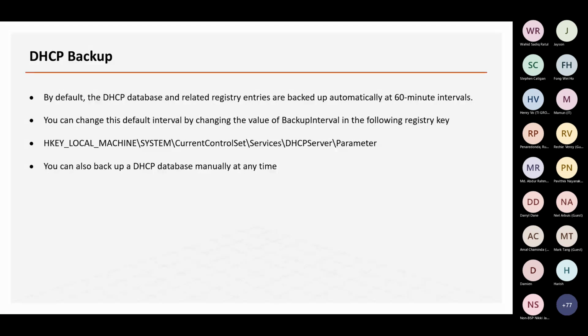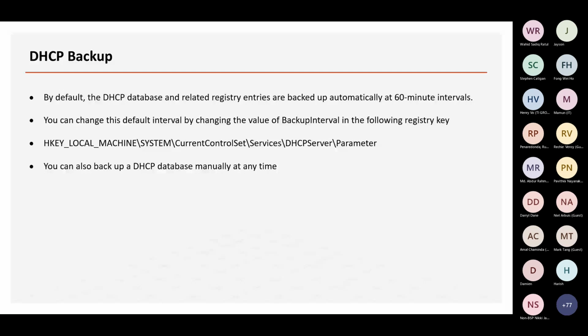You can see inside HKEY_LOCAL_MACHINE, System, CurrentControlSet, Services, the DHCP service is also created inside the DHCP registry key. So if you want to take any backup, make sure you take a backup of both places. By default, a database backup already happens every 60 minutes.